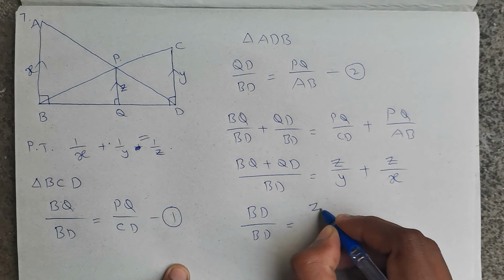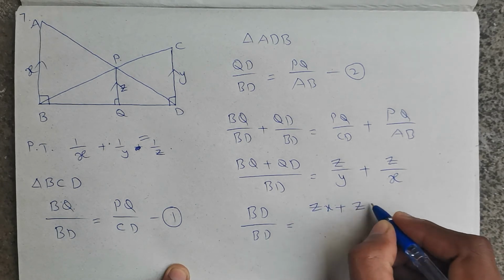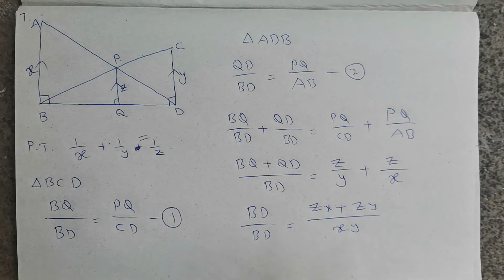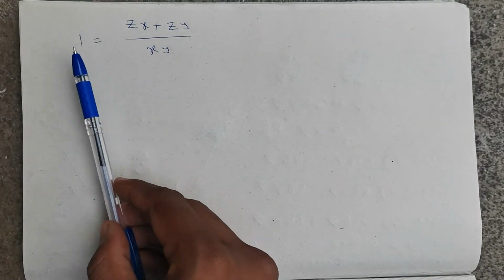ZX plus ZY whole divided by XY. Here BD will get cancelled, so after cancellation of BD by BD, we got 1.